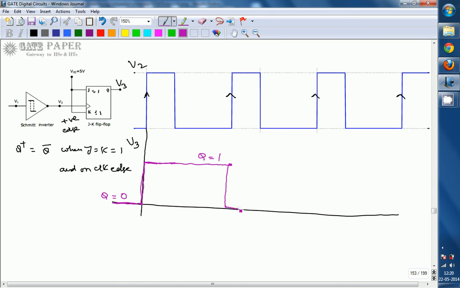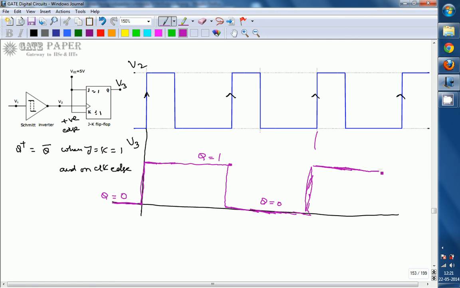This 0 is maintained till the next positive clock edge occurs. So Q is equal to 0. Next, over here, the output again goes towards 1, because the present state is 0.